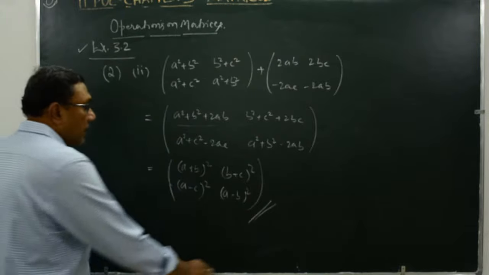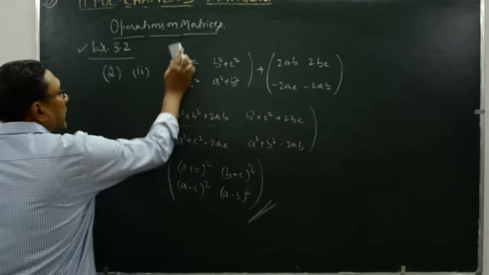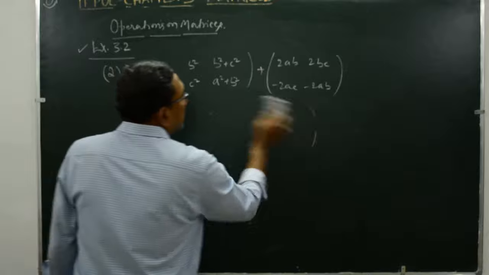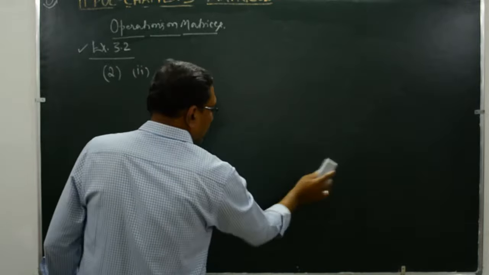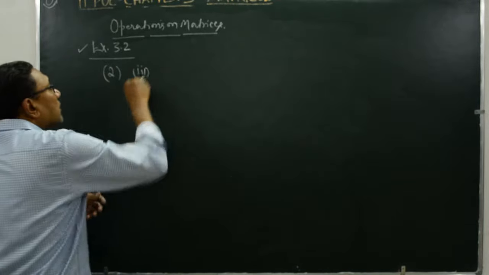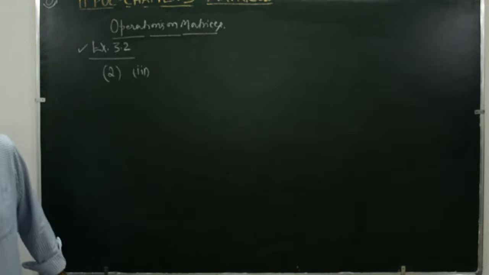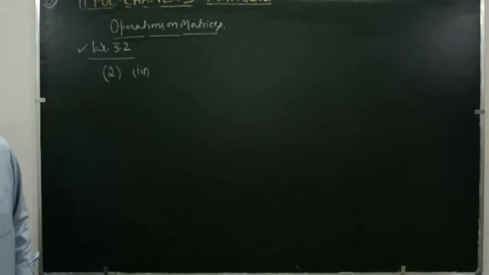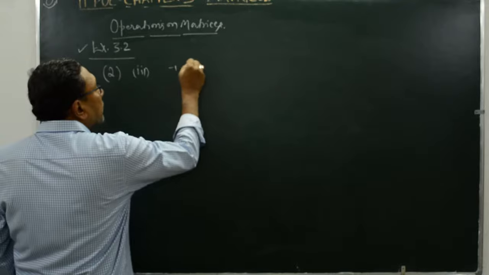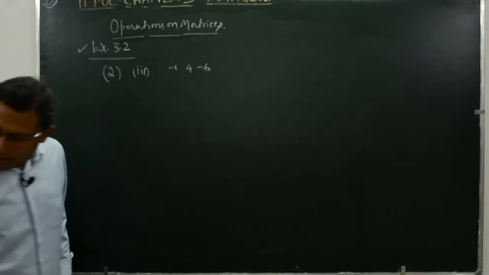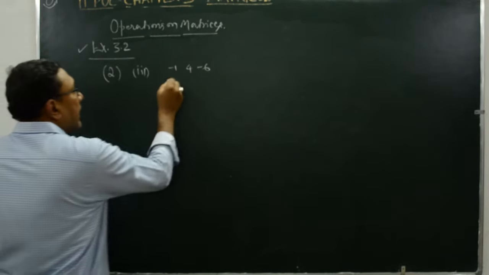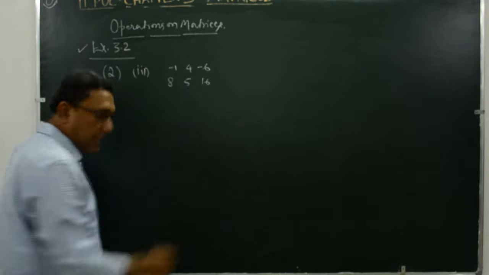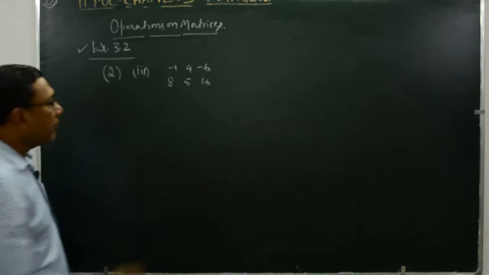Let us go to the next question, what it says. Let me check the textbook. The third question, what do we have to do? Minus 1, 4, minus 6, and 8, 5, 16, and 2, 8, 5.